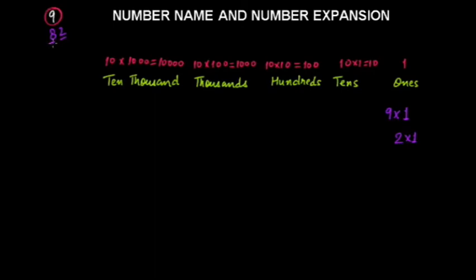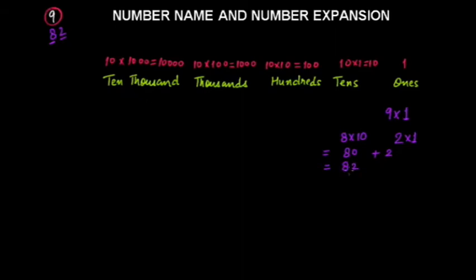This is 8, sorry, this is 8, this is at the tens place, we will multiply it by the value of the place, and therefore it becomes 8 multiplied by 10 is 80, then plus 2 multiplied by 1 is equal to 2. This gives you 82.